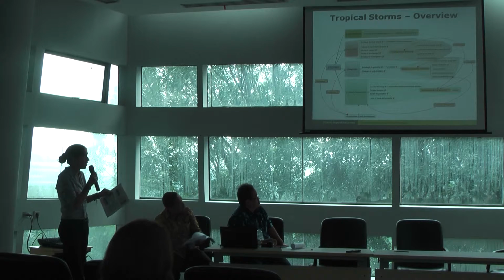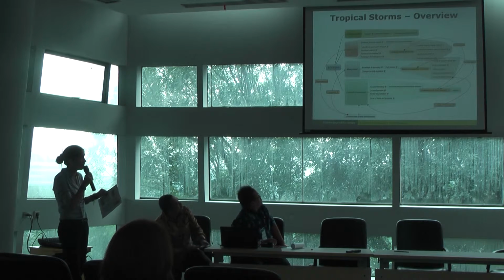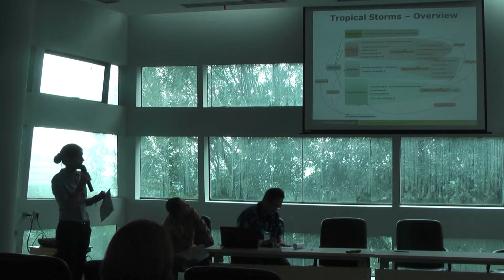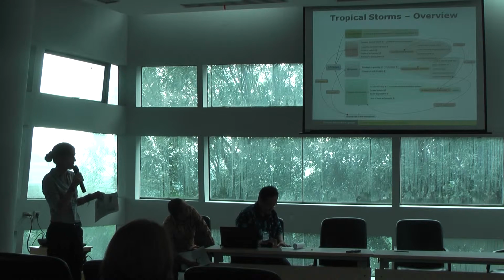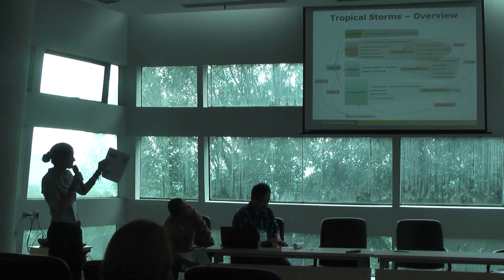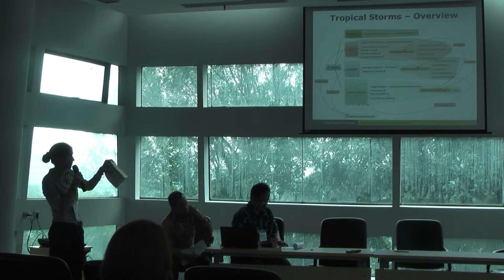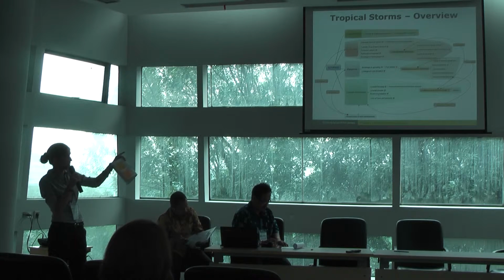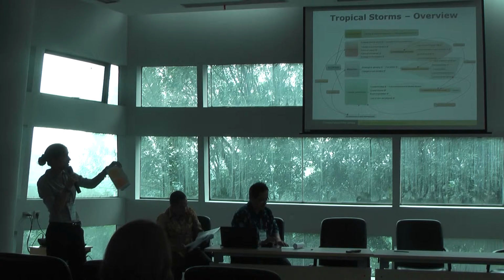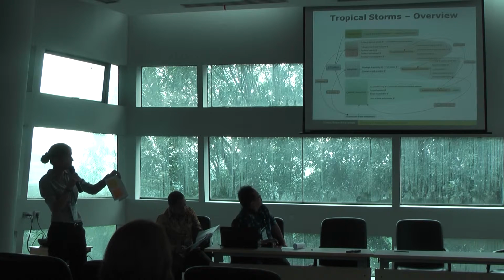So this is an impact chain. I know it kind of looks intimidating at first glance, but once you look at it in detail, it starts making sense. It can be divided into two parts.